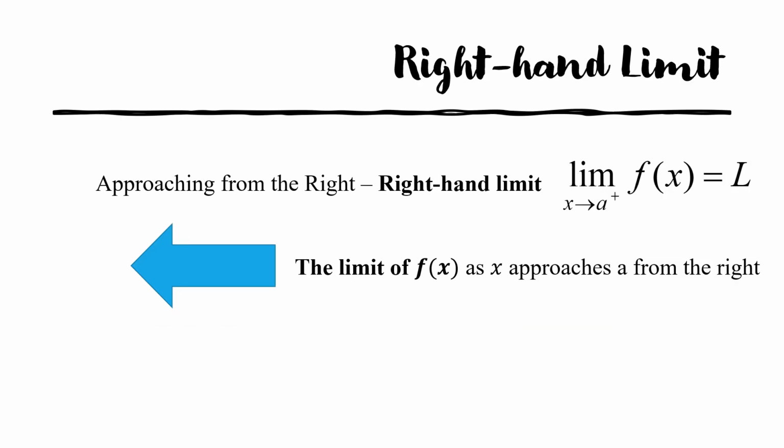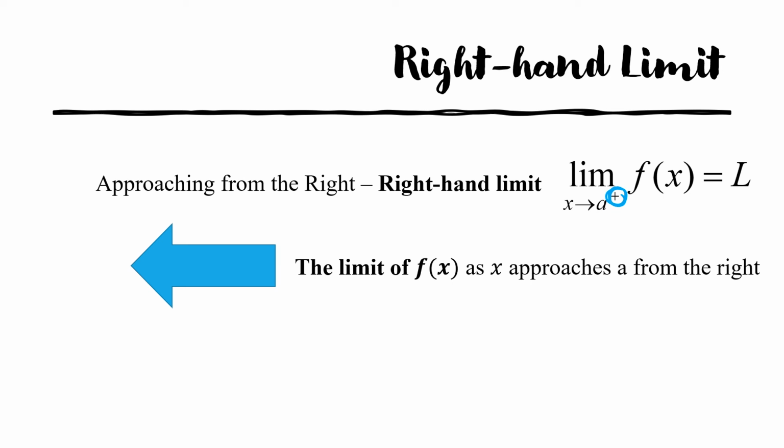Rather than looking at the limit overall, sometimes we like to break our limits up into two pieces. So we can look at the right-hand limit, which we can see by having the limit as x approaches a from the right, where you have a little plus sign to the upper right of whatever a you have.